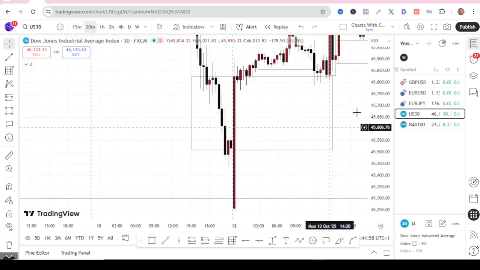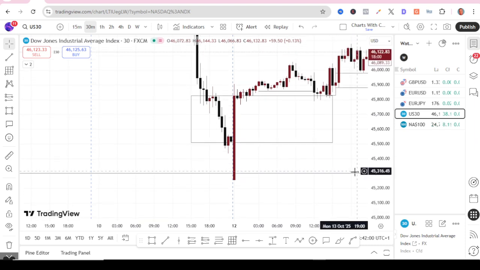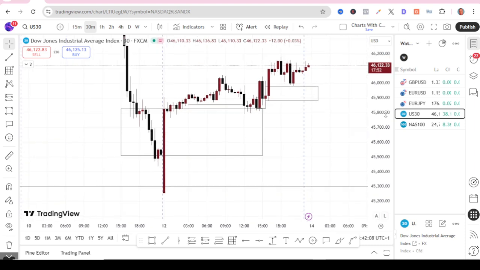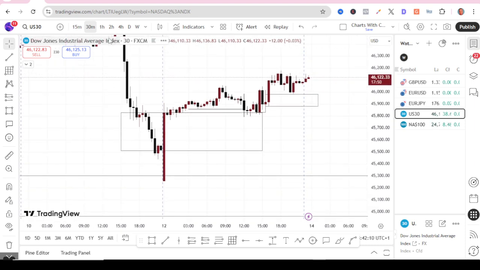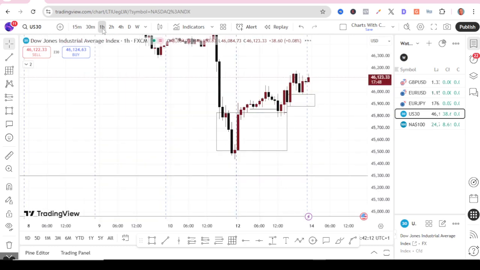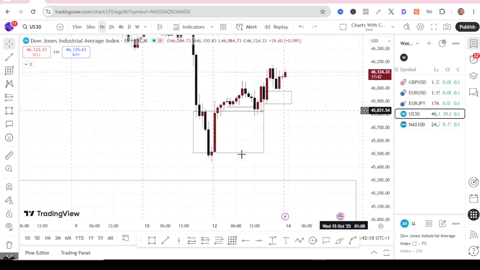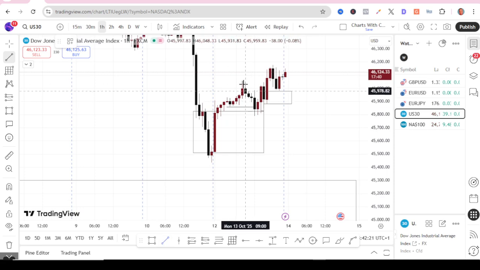But I don't like taking entries from the 15 minutes time frame that much. So I would stick to the 30 minutes, 1 hour. So from the concept of break of structure, look at this here.